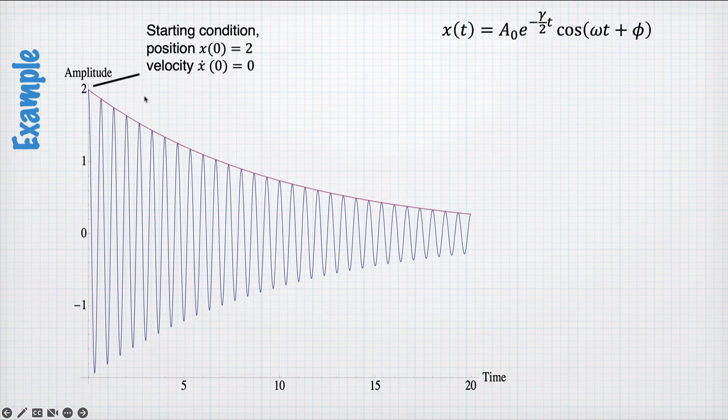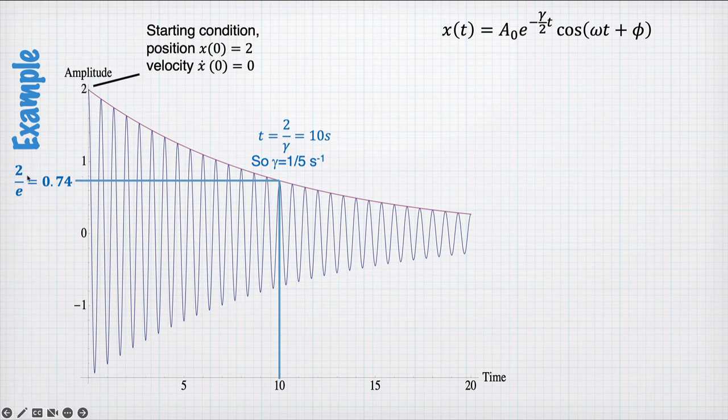So the time at which this has dropped by a factor of e will correspond to the time equal to 2 divided by gamma, giving you this exponent of 1. So let's look for the point at which this thing has decayed by a factor of 1 on e.